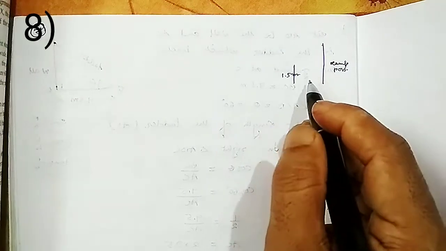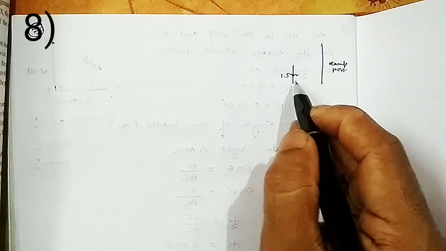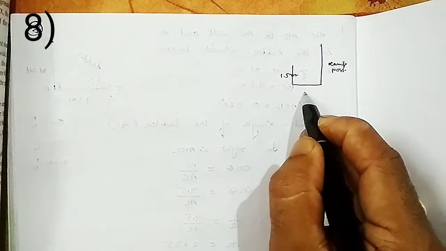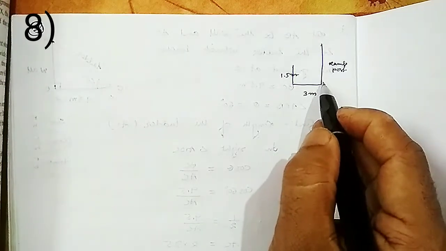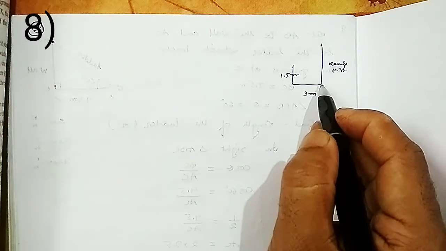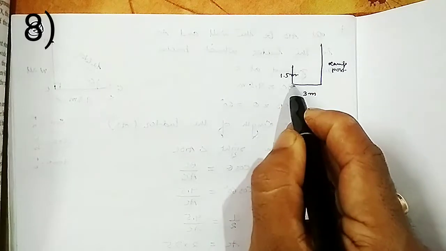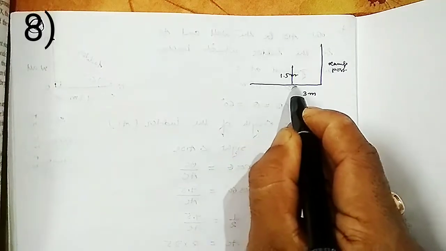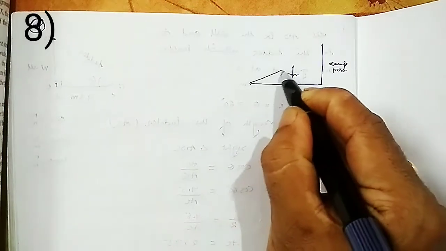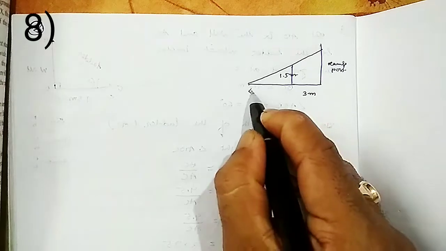Okay. Now in the question it is given a 1.5 meter tall boy stands at a distance of 3 meter. This distance is 3 meter from the lamppost and cast a shadow of 4.5 meter on the ground. So this is the boy, this is the lamppost, shadow must be this side. So this is the shadow of the boy, and here it is given this length is 4.5.